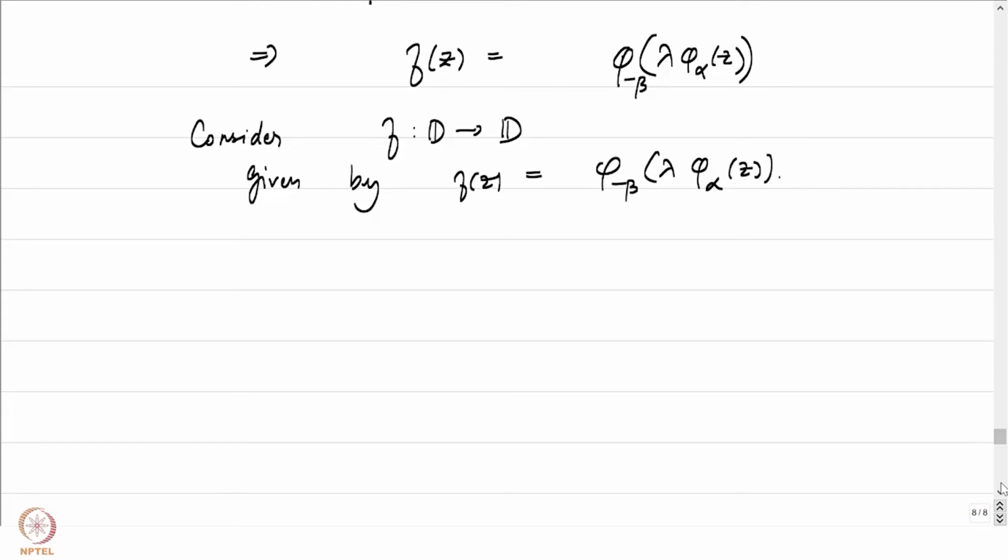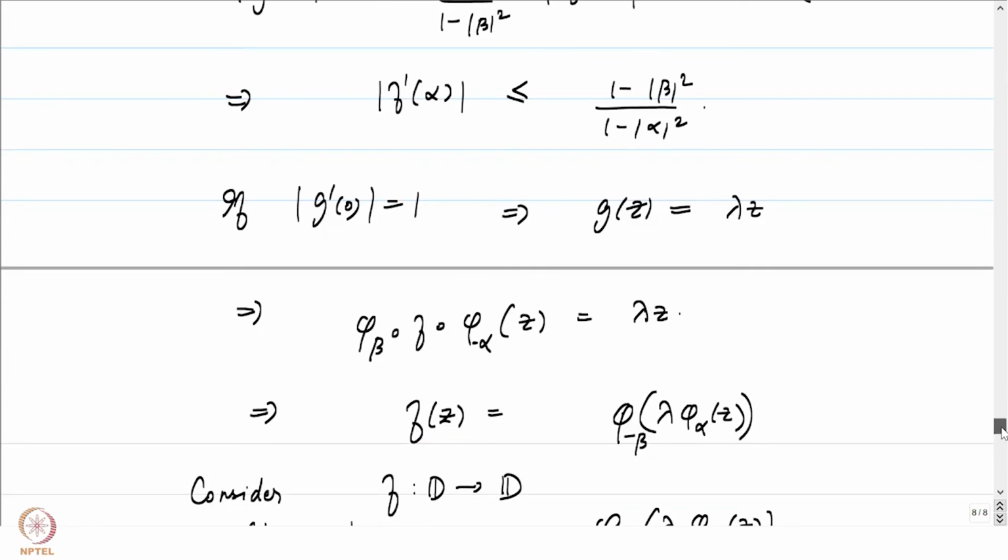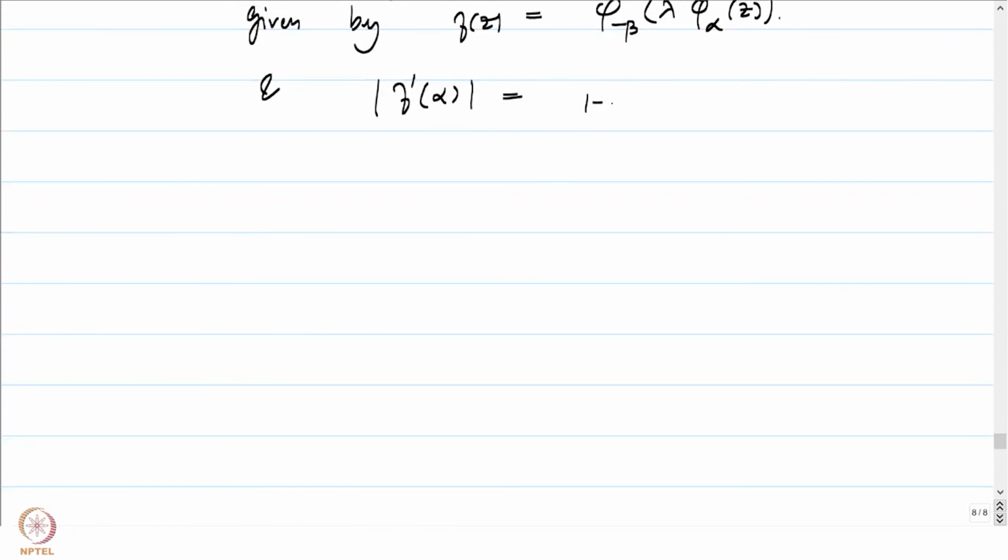This is a function which maps alpha to beta, and the absolute value of f prime at alpha is equal to the maximum, which is given by 1 minus mod beta square by 1 minus mod alpha square.